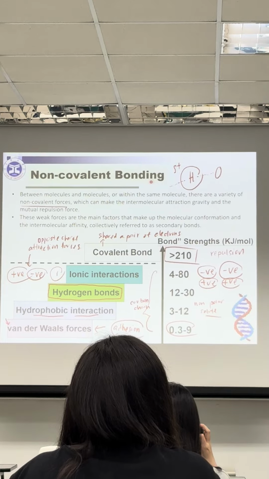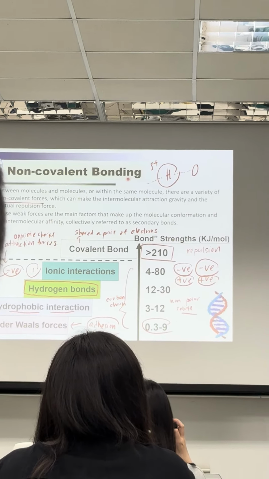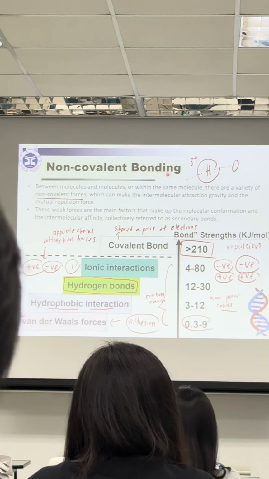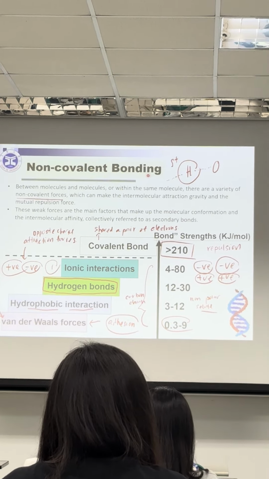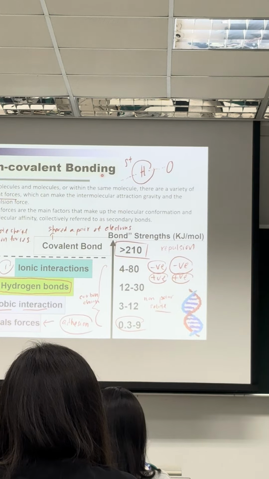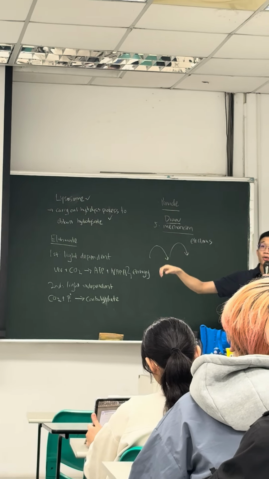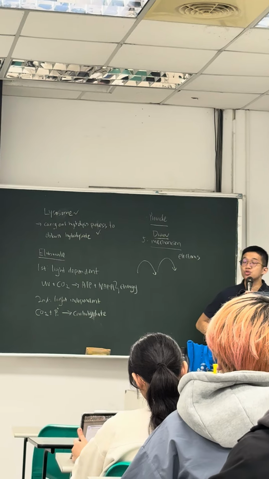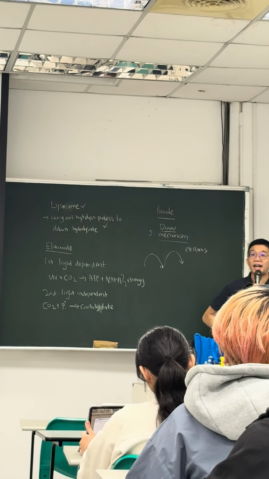So from the chemistry of interaction, we know there are two types, covalent and non-covalent. So please again take note of this. Covalent means sharing a pair of electrons to form a strong bond between atoms.